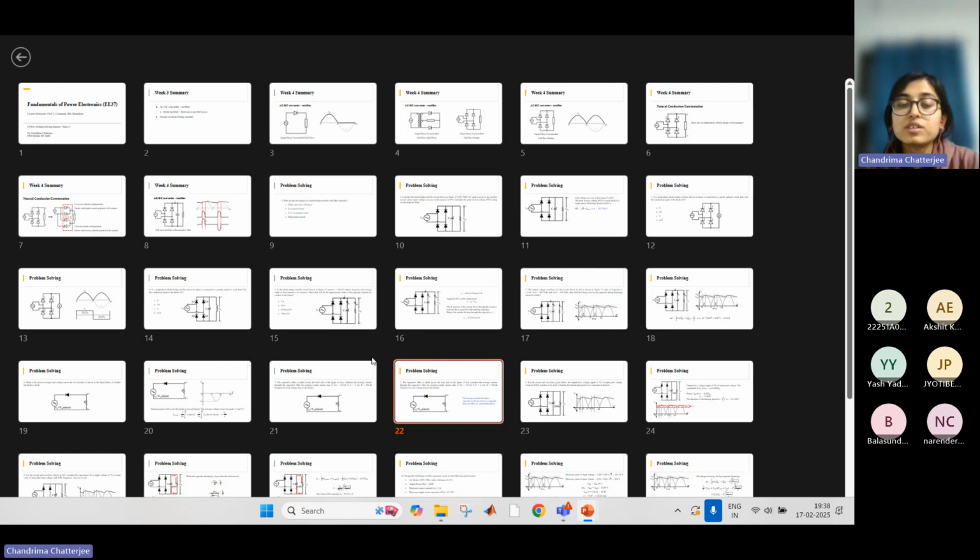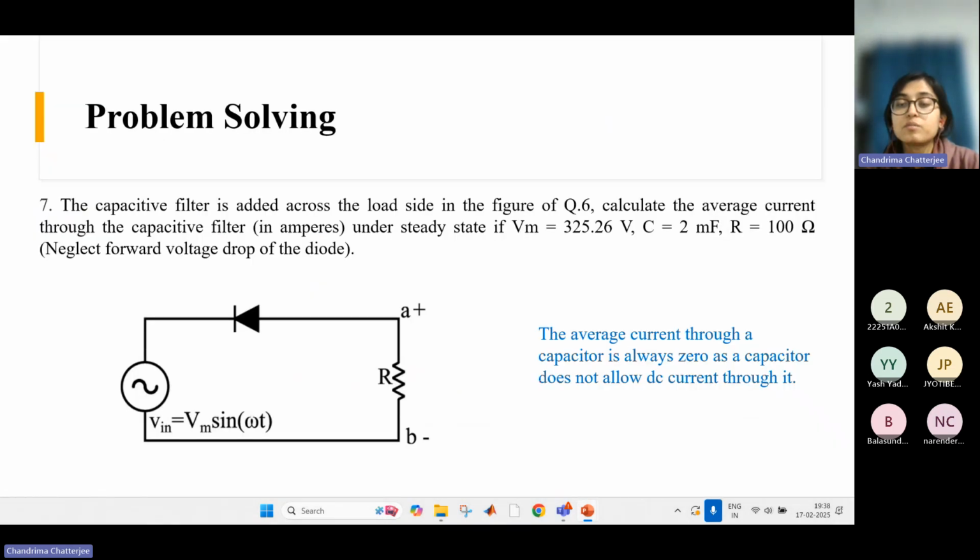When it is building up voltage, then it may allow, but when it has reached steady state, no DC current can flow through the capacitor. And for an inductor, it doesn't allow any DC voltage, like any average component of voltage through it. The average voltage across an inductor should always be zero. And for a capacitor, the average value of current over a cycle should be zero. These are the fundamental properties of capacitor and inductor.